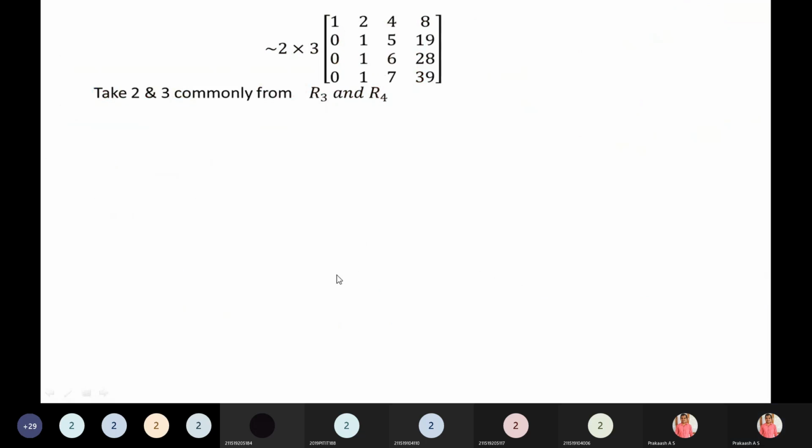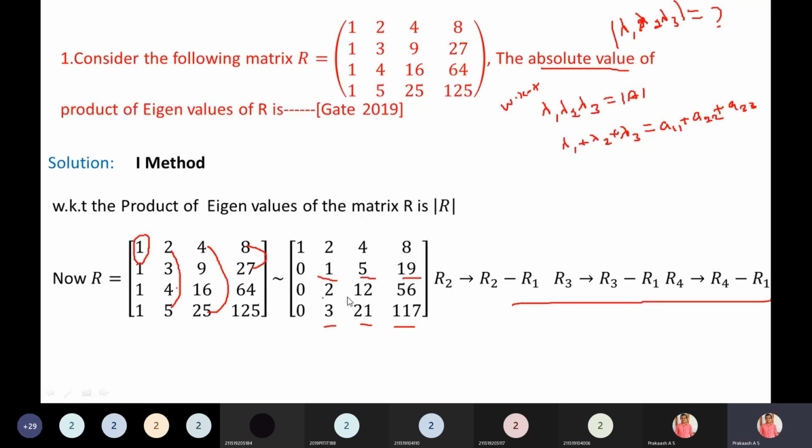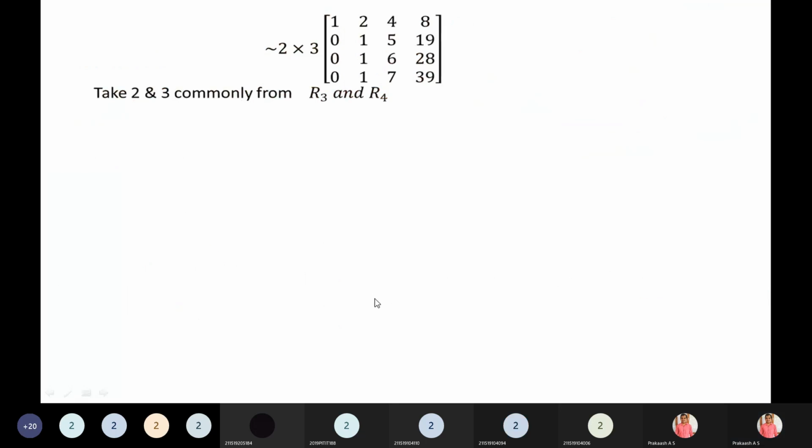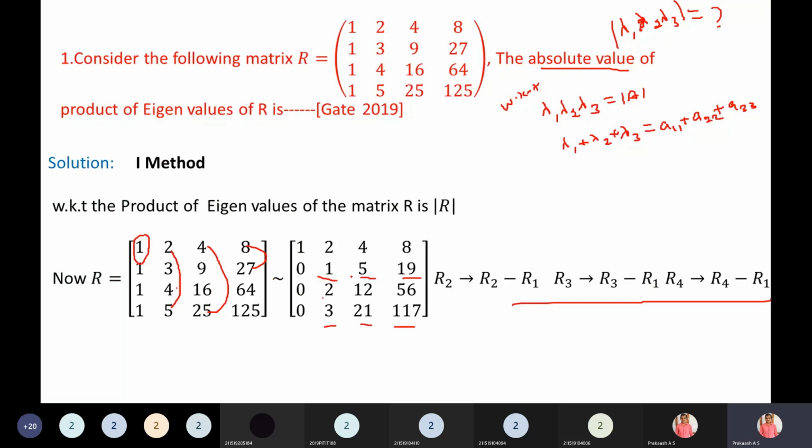So that we can apply it easily. As it is a multiple of 2, and this one is a multiple of 3, you can divide. That is, R2 is 1 by 2 R2, and R3 is 1 by 3 R3.